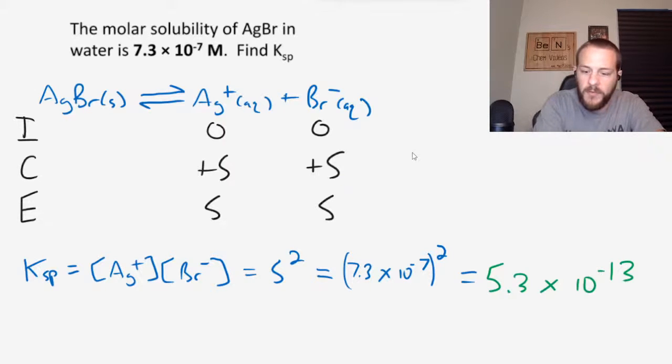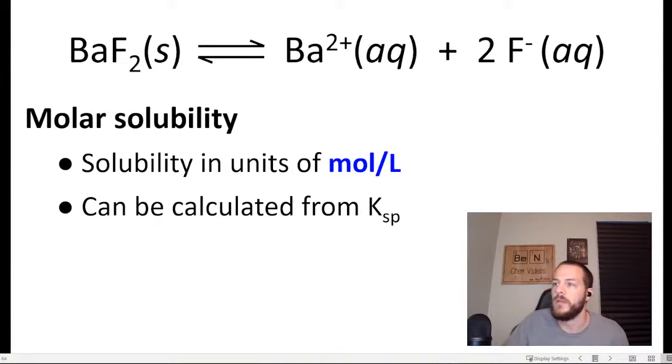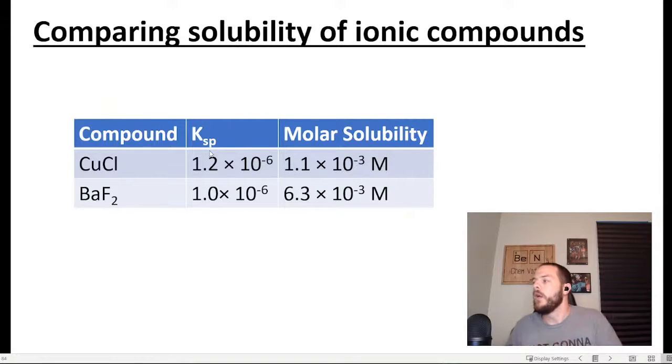So let us delete all of that, and we're going to go on a little journey back to the PowerPoint as we continue forward in this discussion on solubility equilibrium. So, let's say we want to compare the solubility of a couple of ionic compounds.